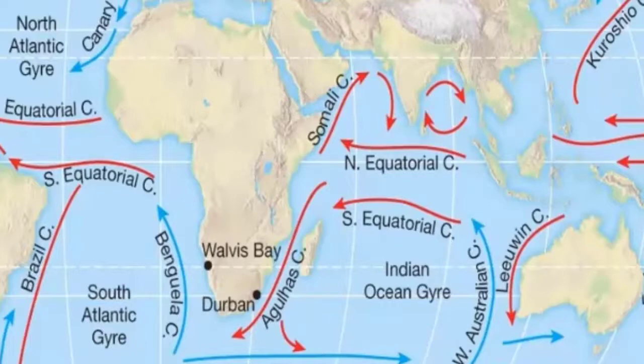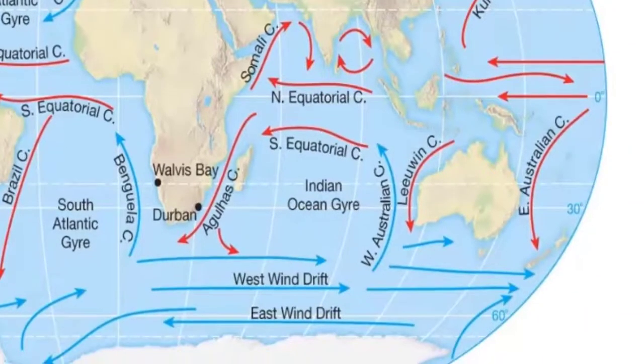But look what happens when it approaches Antarctica. Those circumpolar currents around Antarctica are so strong that they simply don't allow that water to get there. Now, that means that Antarctica is not warming.